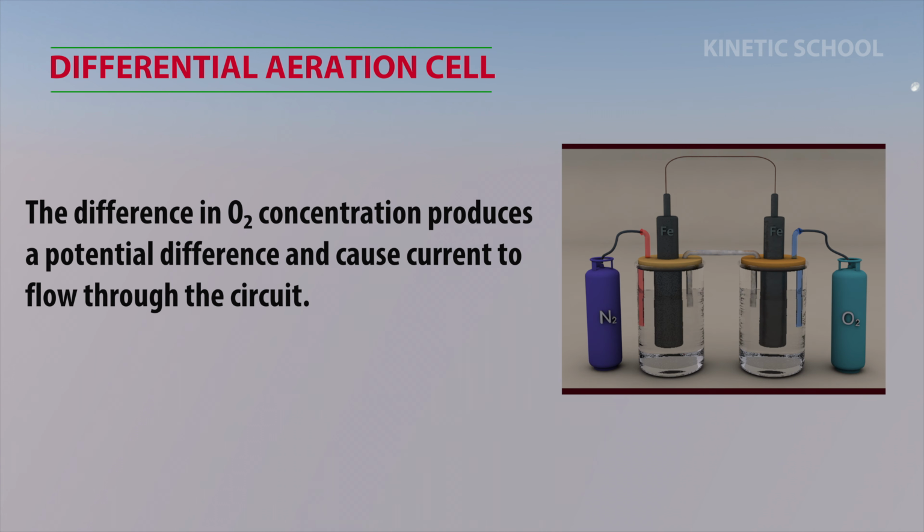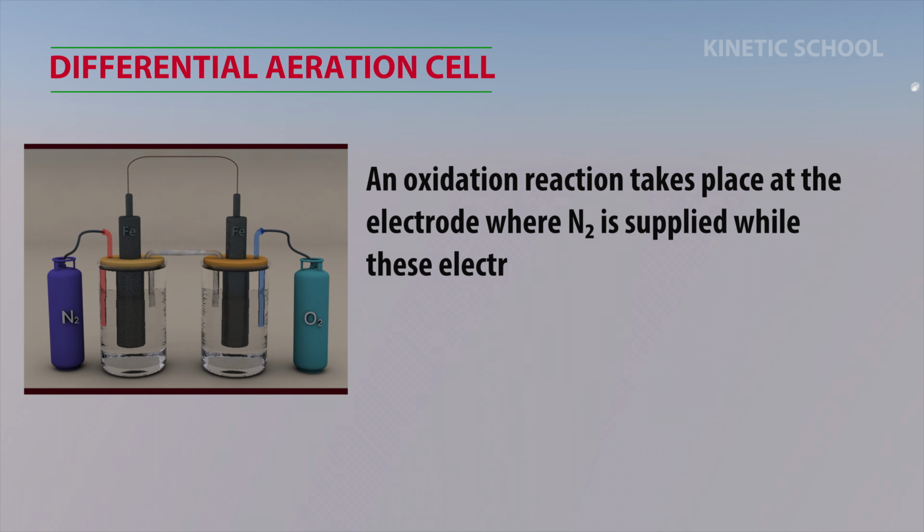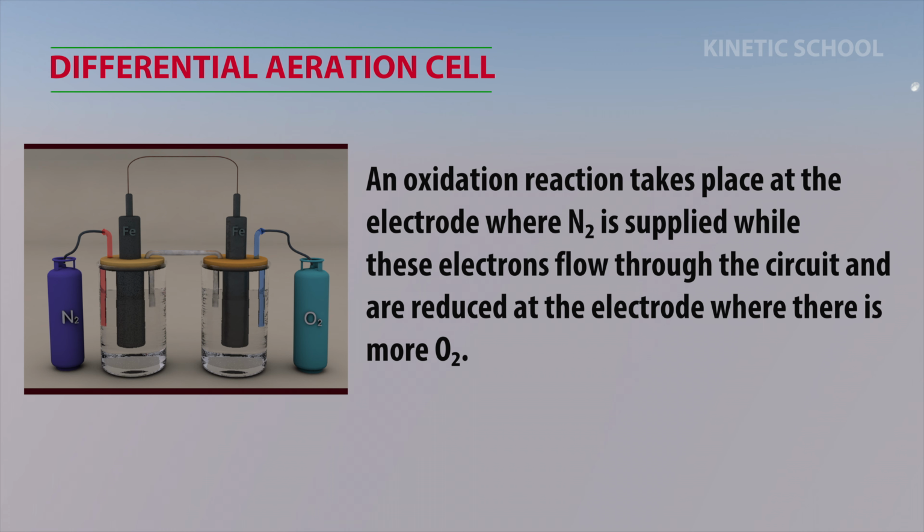The difference in oxygen concentration produces a potential difference and causes current to flow through the circuit. An oxidation reaction takes place at the electrode where nitrogen is supplied, while these electrons flow through the circuit and are reduced at the electrode where there is more oxygen.